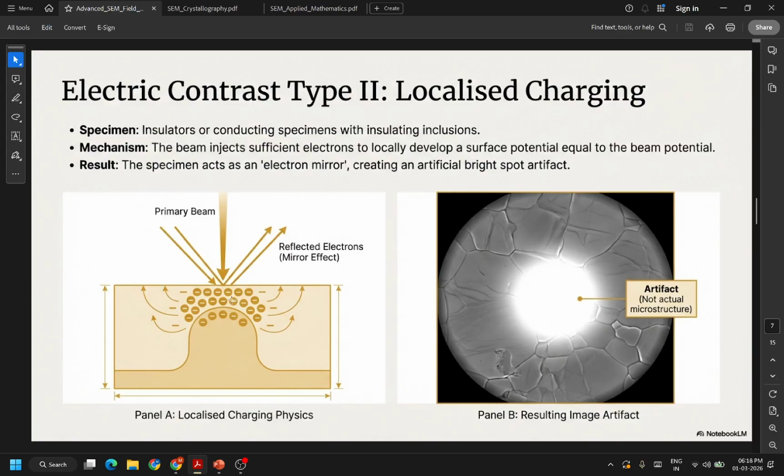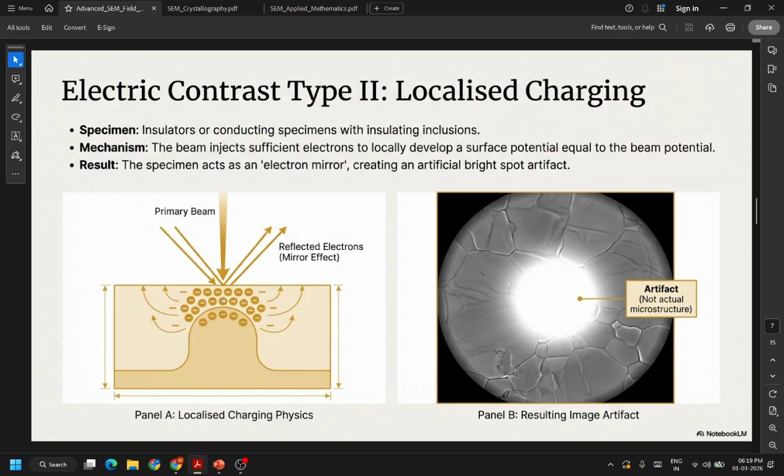They are very high energy, so they enter your specimen and stay near the surface where the beam is shining, because it's insulating, so the electrons cannot move freely inside your material.